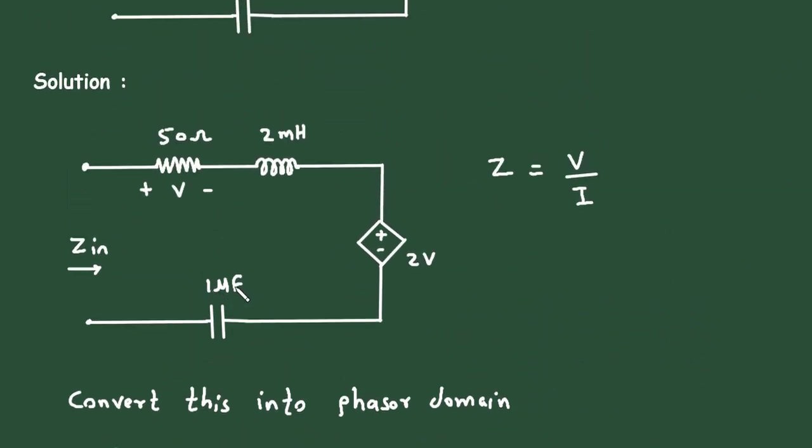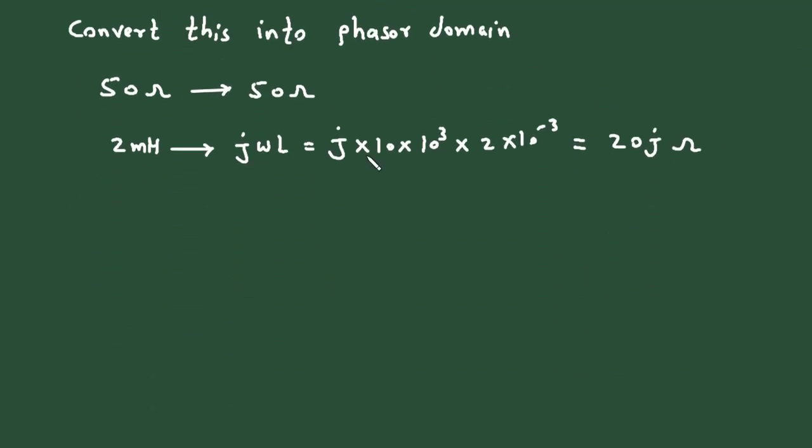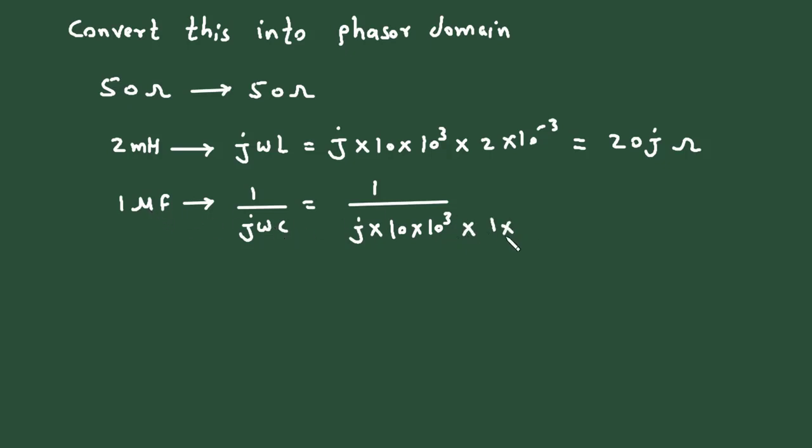Then next it is 1 microfarad. So 1 microfarad will be 1 upon j omega C. 1 upon j into omega value, which is again 10 into 10 to the power 3, into capacitance value 1 into 10 to the power minus 6.